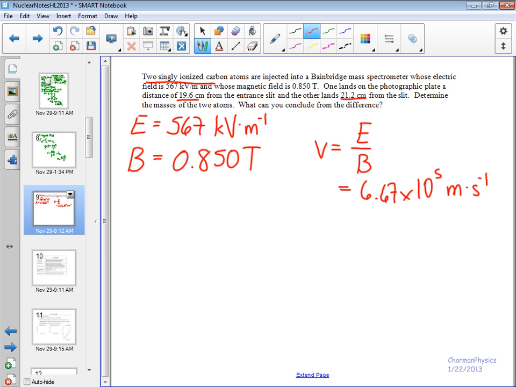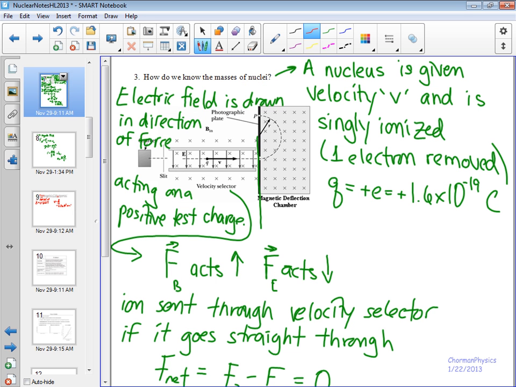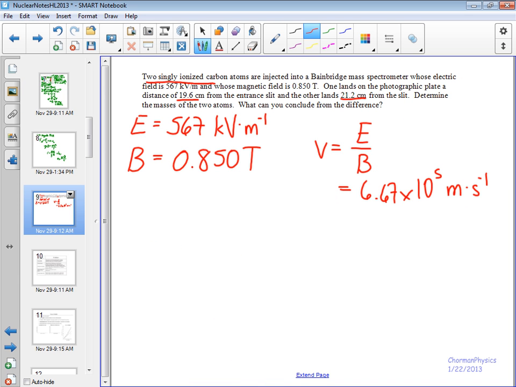And just to note, because this is the distance, if we go back to the image that's up here, it's this total distance right here. We need to take half that for the radius. So when we solve for the first one, with the radius being equal to 0.098 meters, that's half of 19.6 centimeters, we get the following.